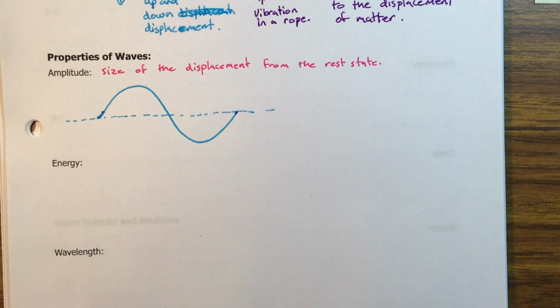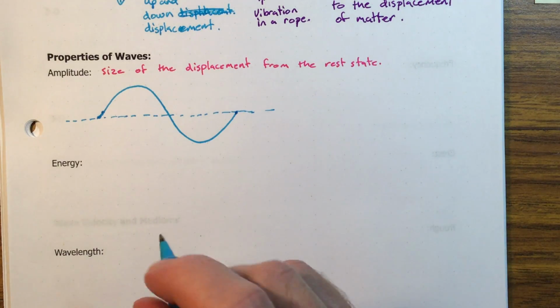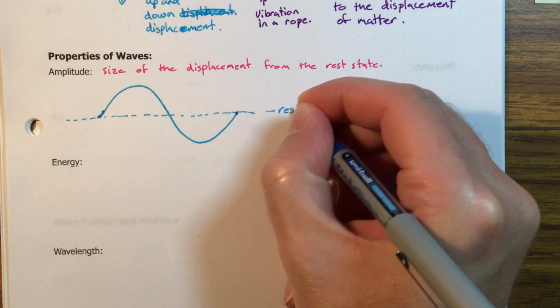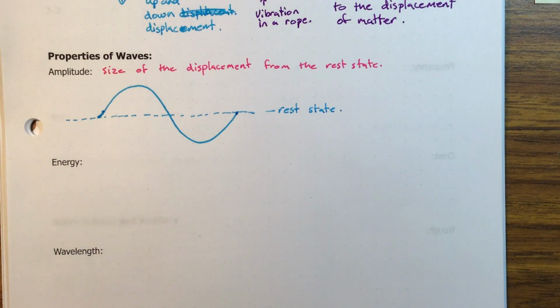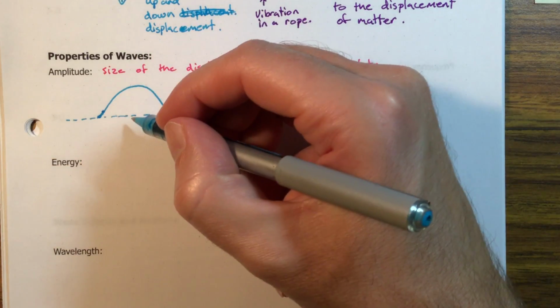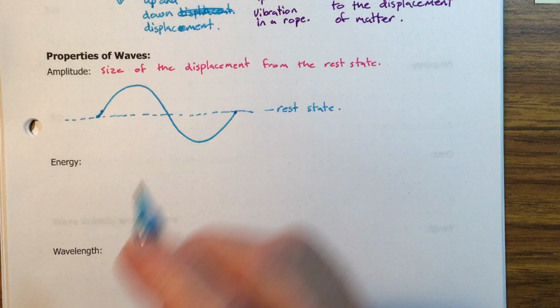There's our wave, and it goes through one cycle. This is the rest state right here. That's its natural state, and the wave vibrates up and vibrates down.